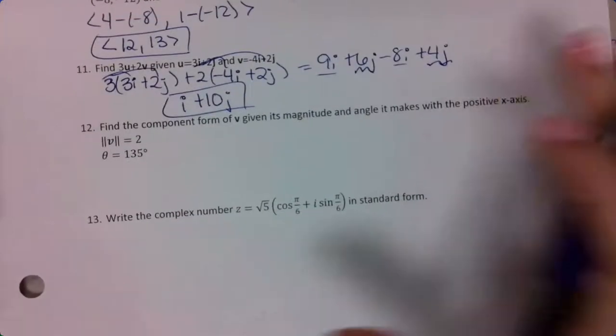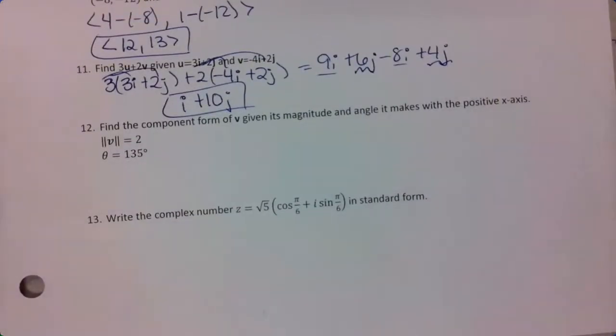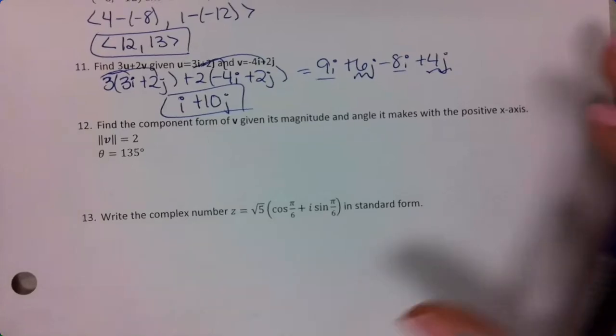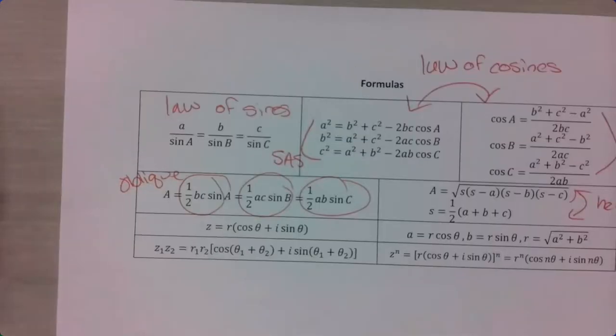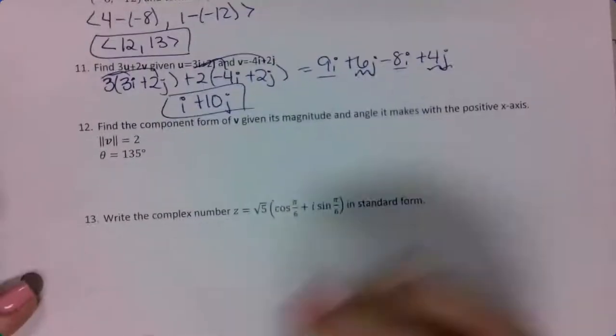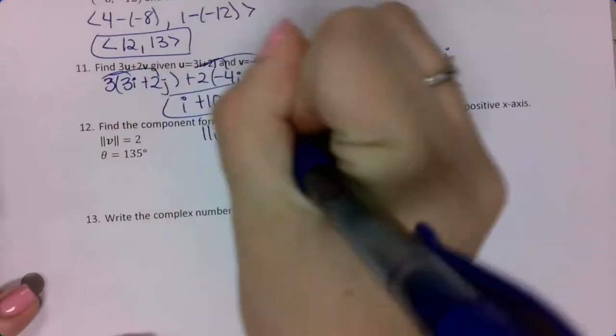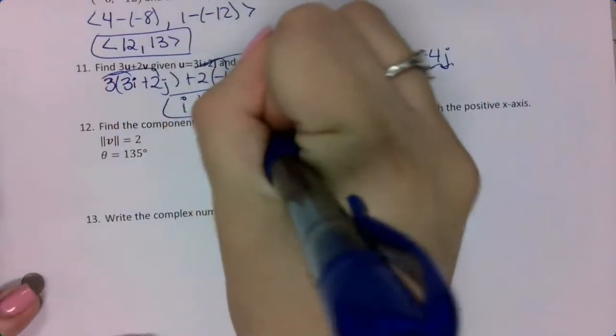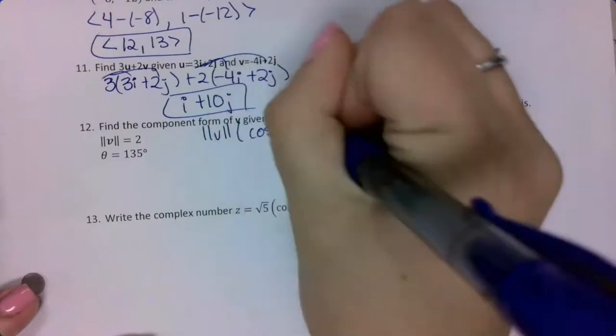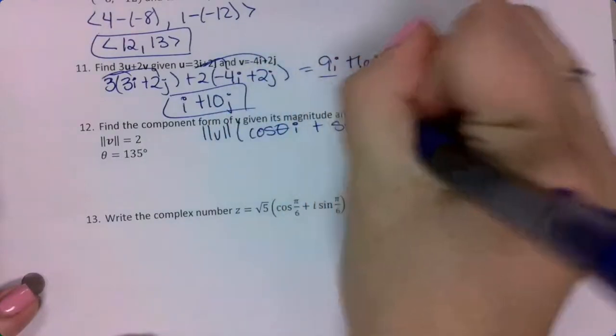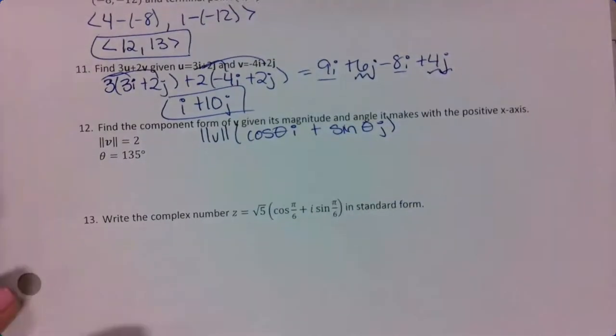Number 12 wants me to find the component form of v given its magnitude and the angle it makes with the positive x-axis. This formula is not on here. This one is my magnitude times cosine theta times i plus sine theta times j. I'll write this one on the board since I forgot to put it on the formulas.